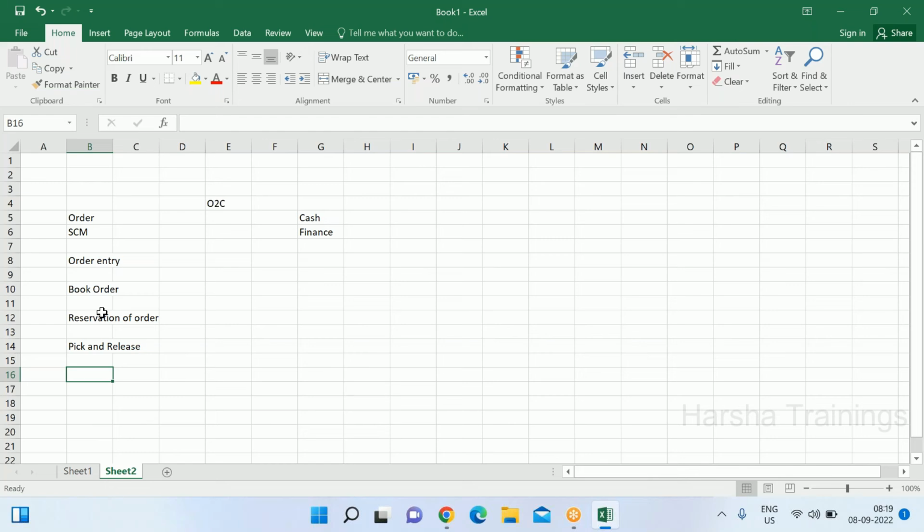It will be in shipping, and once it is shipped, it is like item delivered or item shipped. In Fusion, we say shipped. Okay, item, or you can say product. The product, whatever reserved with the customer name, that will be picked, packed, and released. And once it is released, it will be shipped to the customer.